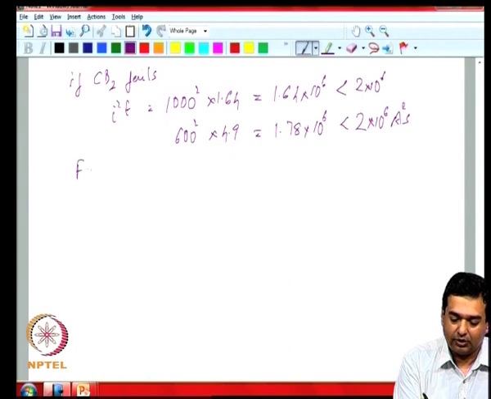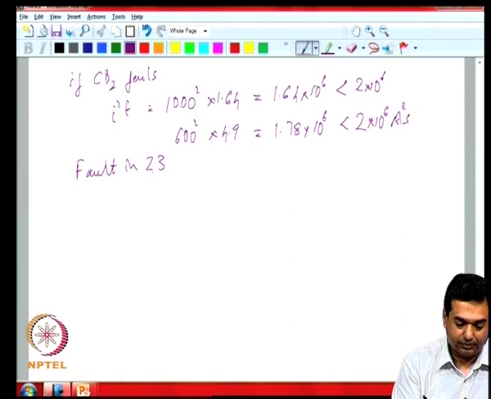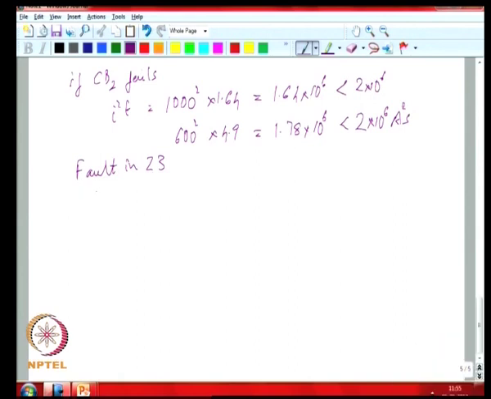Okay. So, if you look at fault in zone 3, the primary protection is the local protection, and CB2 is backup.